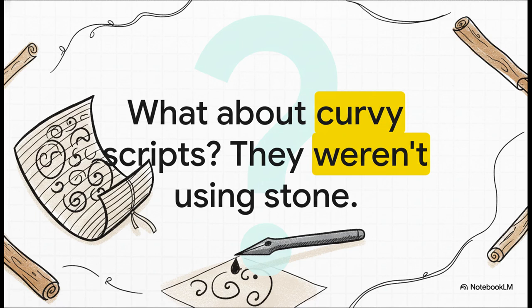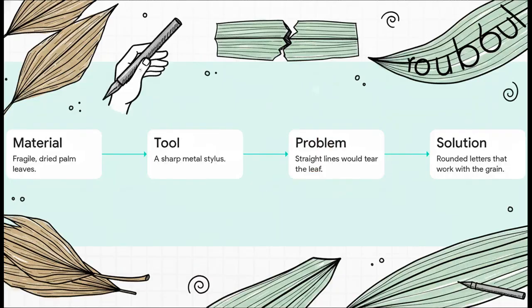Okay, that makes total sense for the angular scripts. I get it. But that doesn't explain those beautifully round letters we saw in Tamil or Kannada. If they weren't using stone, what on earth were they using that led to such a completely different design? And here is where it gets absolutely brilliant. In South India, the main writing material for a long time was dry palm leaves.